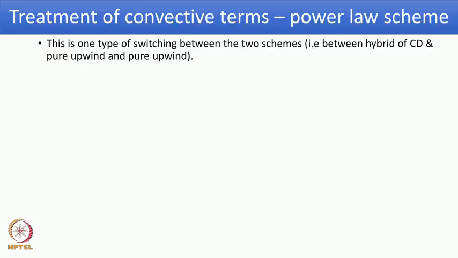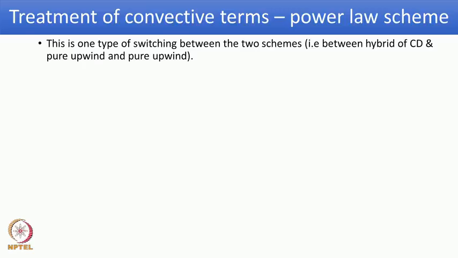There is one more special type of treatment, known as the power law scheme, and here we are switching between two schemes. The two schemes are slightly different. One scheme is a hybrid of CD and pure upwinding, the other scheme is pure upwinding itself.